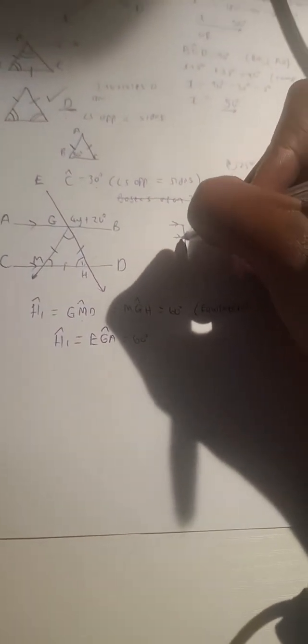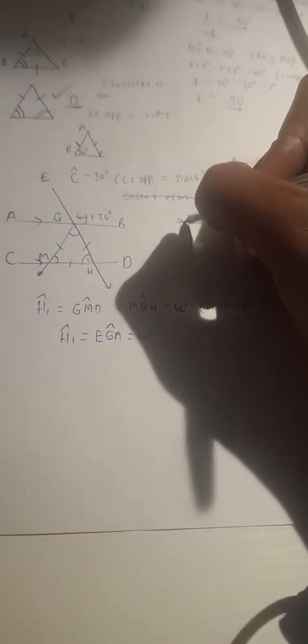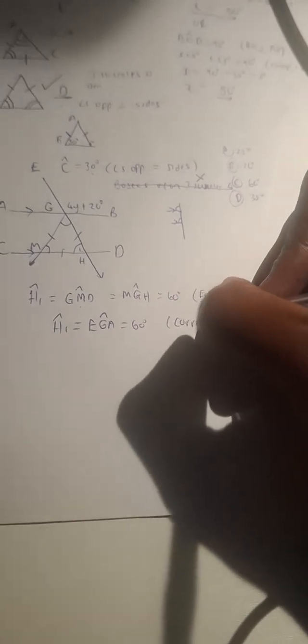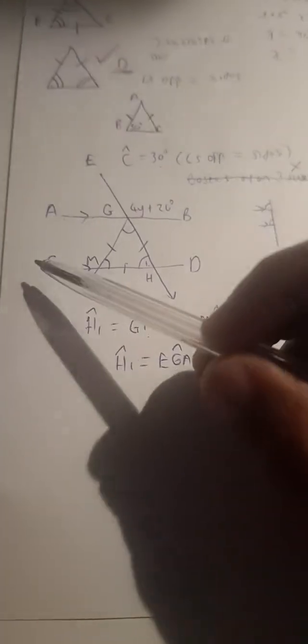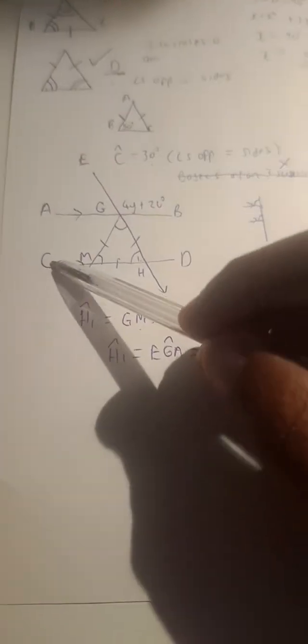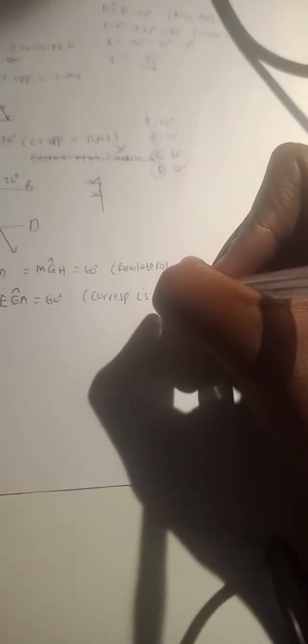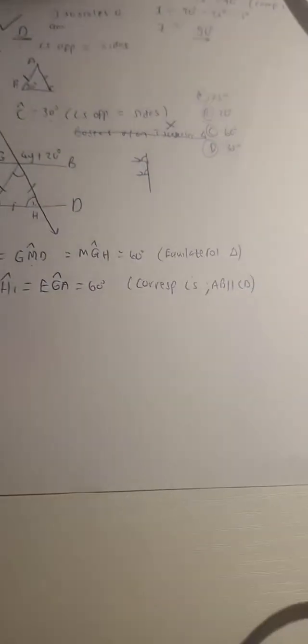Parallel lines, the top and top angle, those are corresponding angles. Then remember, when I write corresponding angles, I indicate the lines that are parallel. AB is parallel to CD.